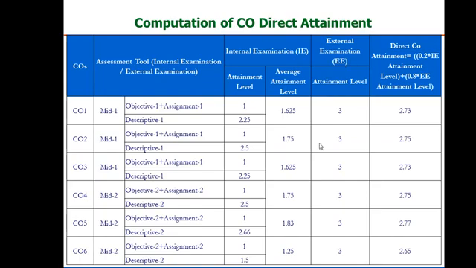First, we have a total of 6 COs. What we have to do first is map all the 6 COs with the two mid exams: which CO is related to mid 1, which CO is related to mid 2, like that.